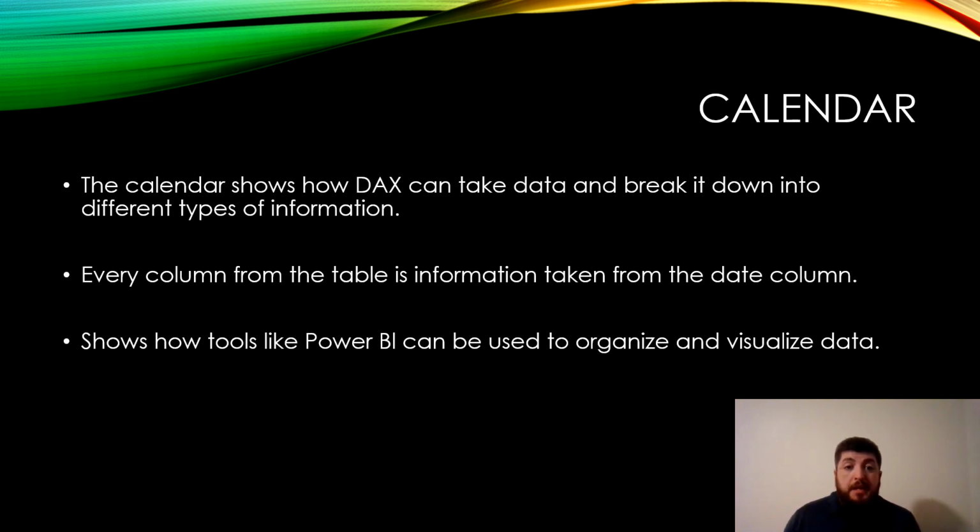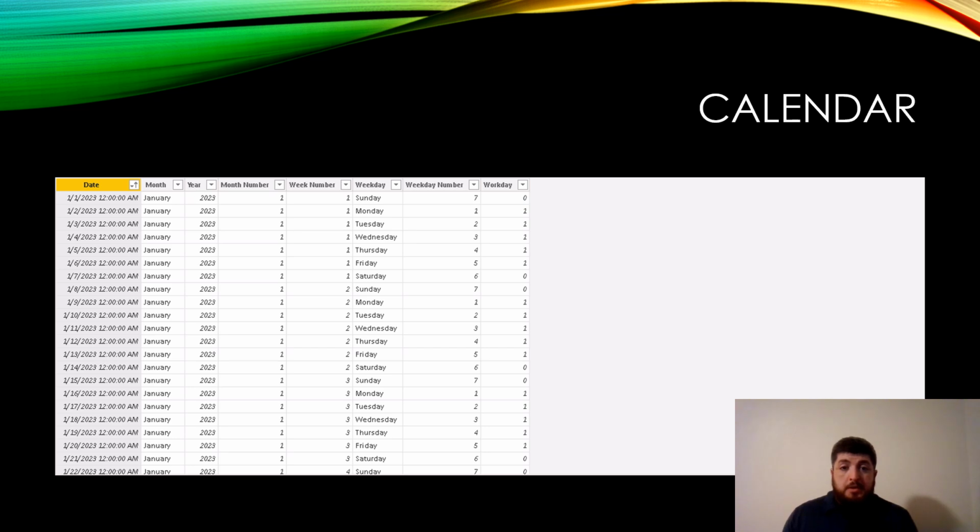Every column from the table is information taken from the date column. This shows how tools like Power BI can be used to organize and visualize data, or even break it up into pieces. So here is a picture of the date.